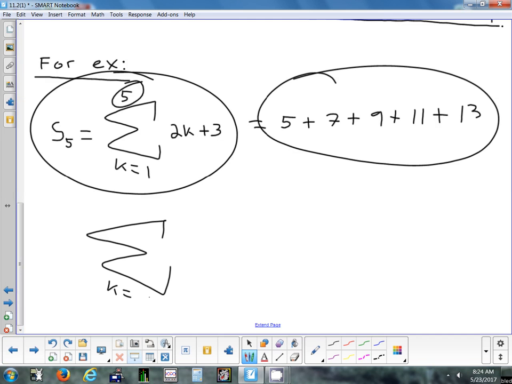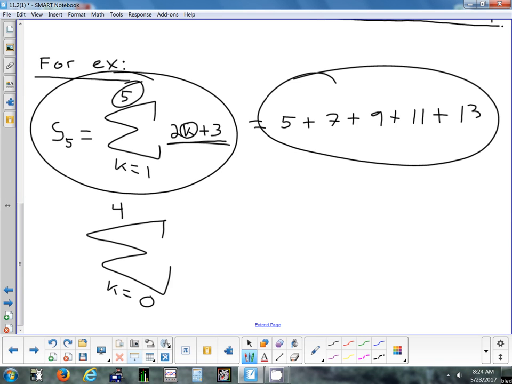And let me start it at 0. So if you change the bottom number, it's going to change everything else. If I start at 0, where do you think I'm going to end? I'm going to end at 4. But now I have to adjust this formula a little bit. Specifically, I have to adjust that.